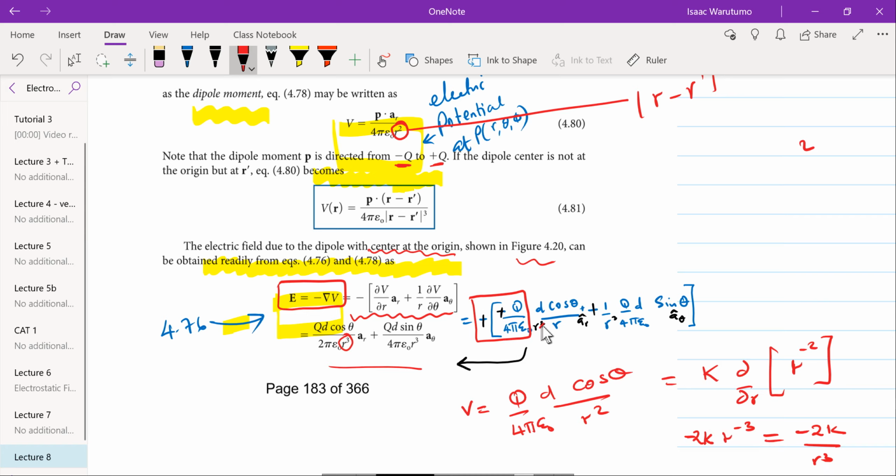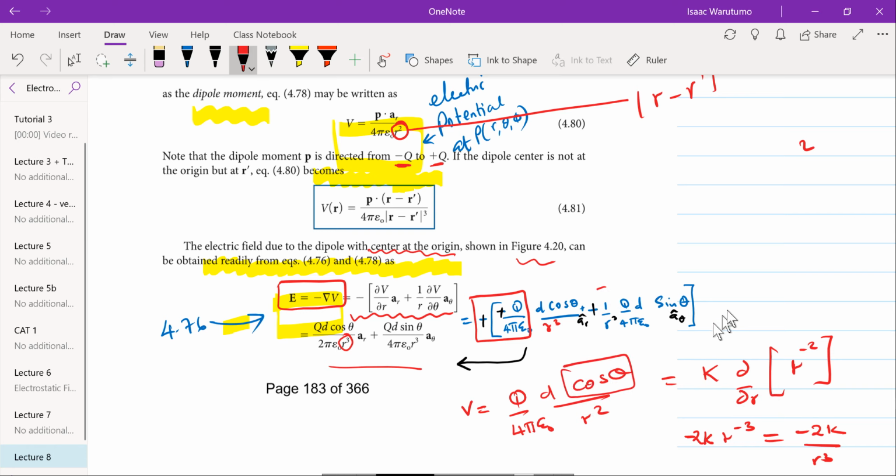I guess here is not accurate. Or rather, I pressed k r twice, so this is supposed to become r cubed, and the other term remains as a constant.